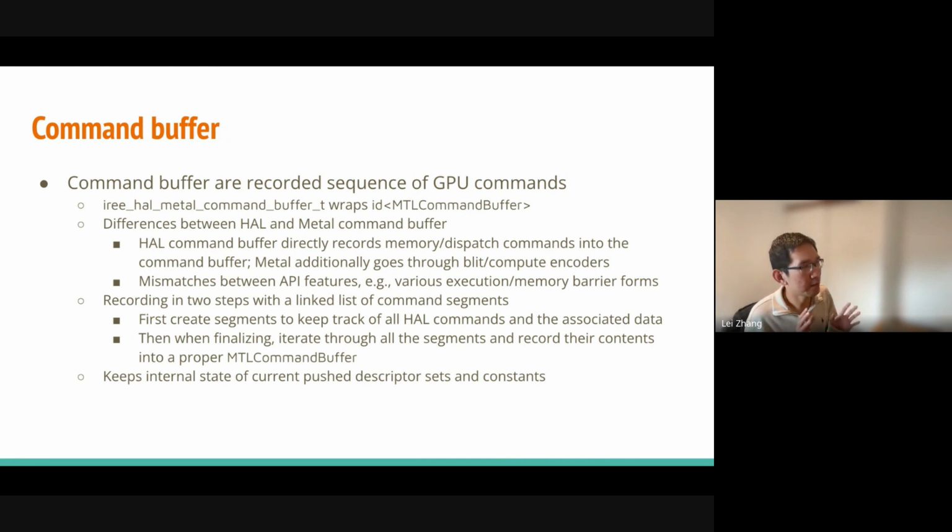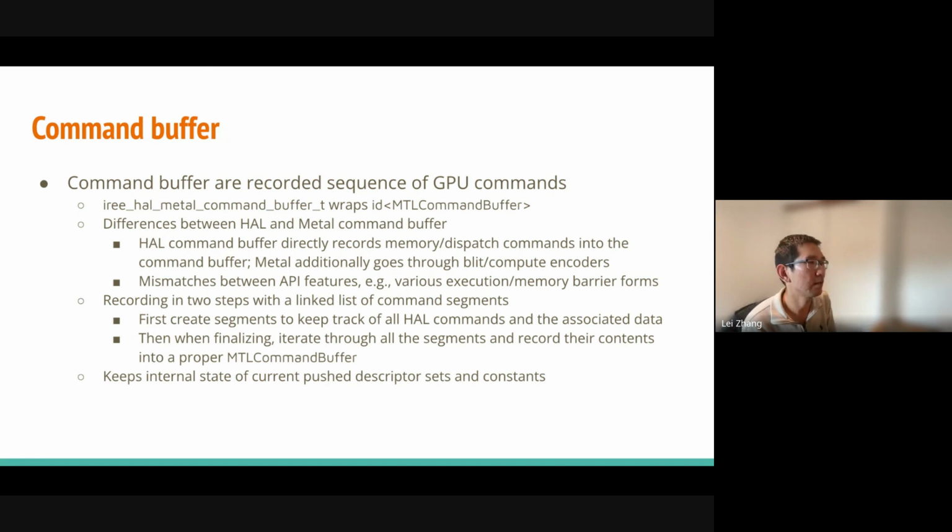There are differences here between the HAL and the Metal command buffer. The HAL command buffer models the Vulkan compute recording style, where you can directly record both memory and dispatch commands into the command buffer. Metal doesn't do that directly. It has an additional layer.